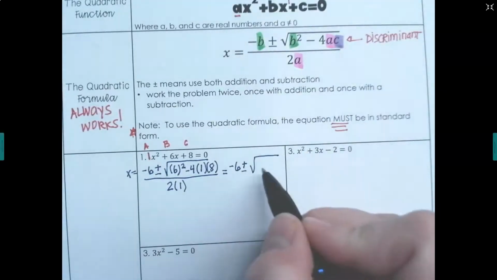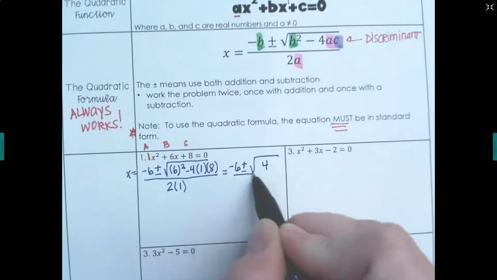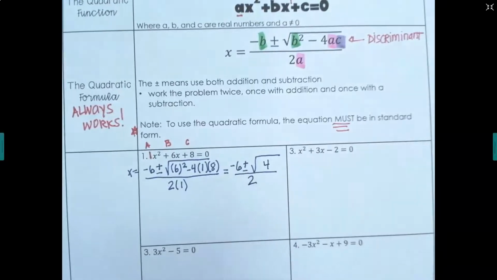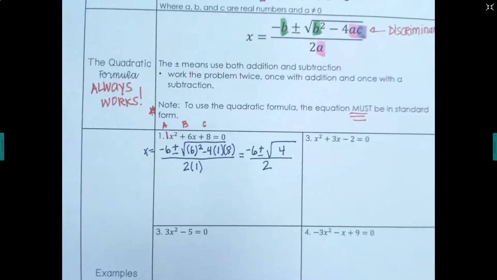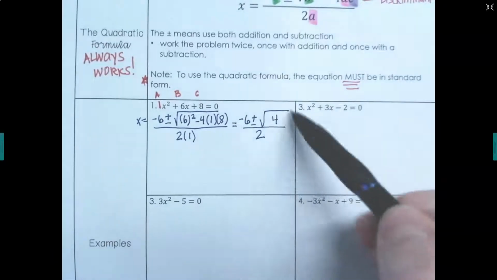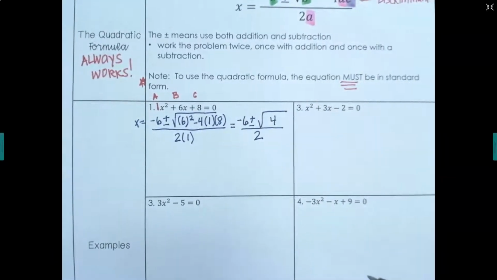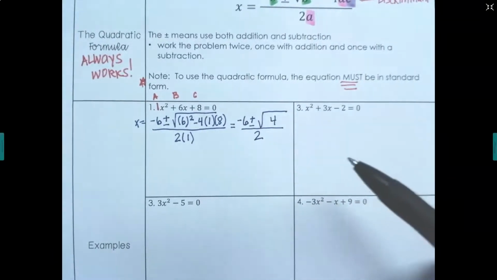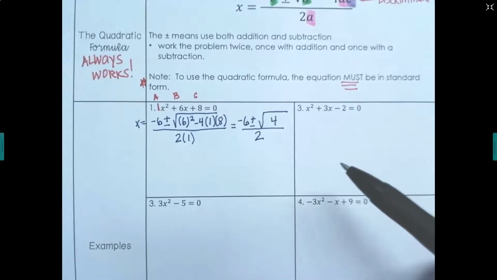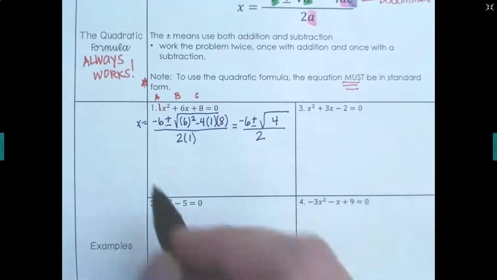So I'm going to put a 4 underneath my radical, divided by 2. Now what we need to look at is, does this radical reduce? It does. The square root of 4 is 2, so it needs to be simplified.